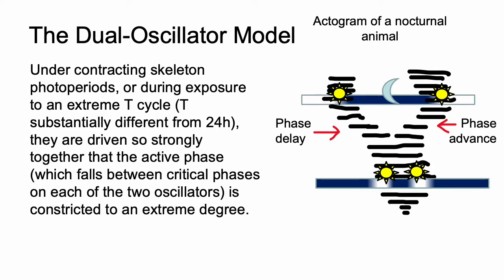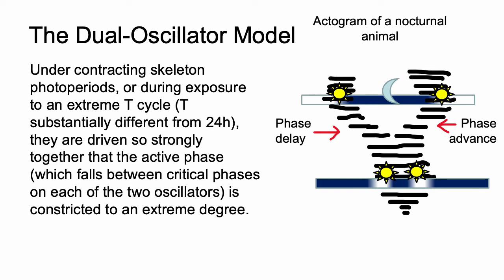So under skeletal photoperiods, which we've seen, or during exposure to an extreme T cycle, such as T equals 27 or T equals 22, they're driven so strongly together that the active phase could actually disappear.